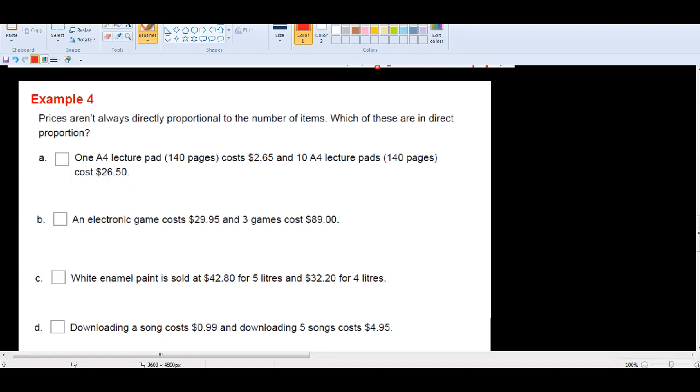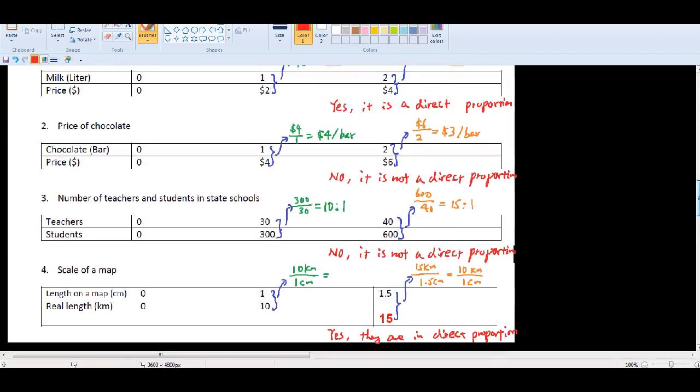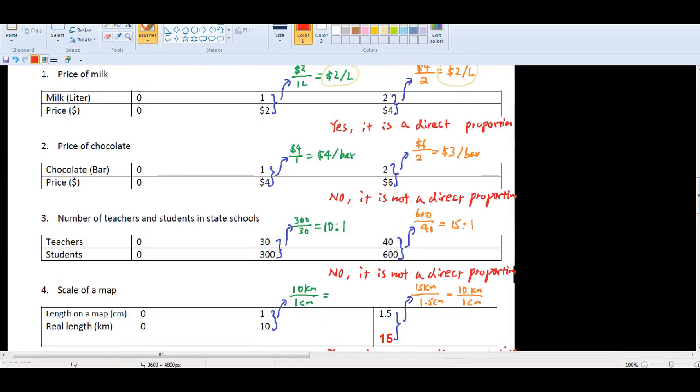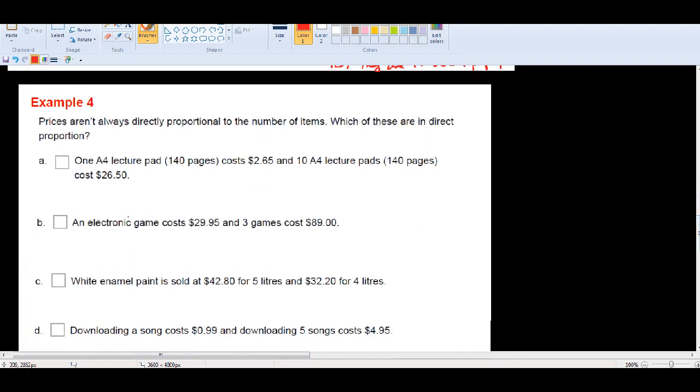For all direct proportion, just like what we've done in the previous tables, you need to have two quantities for comparison. So what are the two quantities? The first one is the number of lecture pads. When you circle them, 1 A4 lecture pad, and here 10 A4 lecture pads.